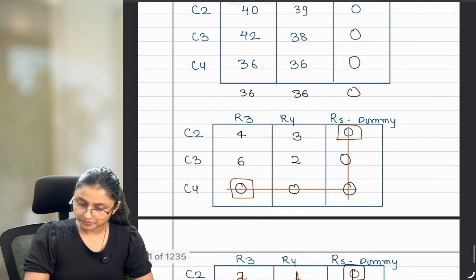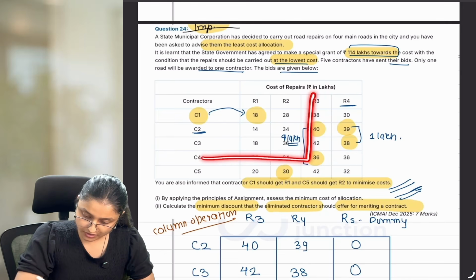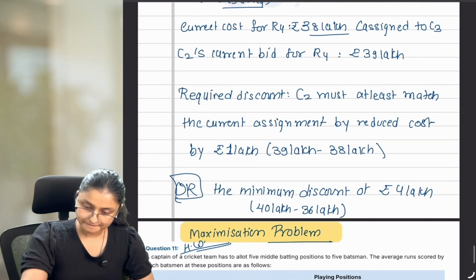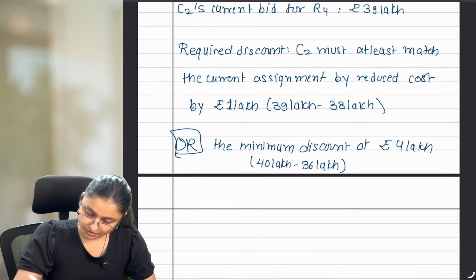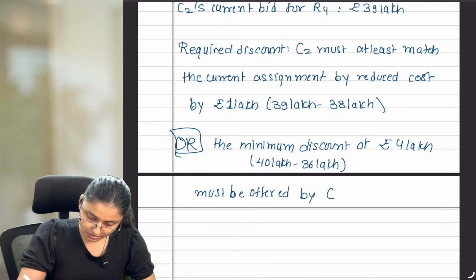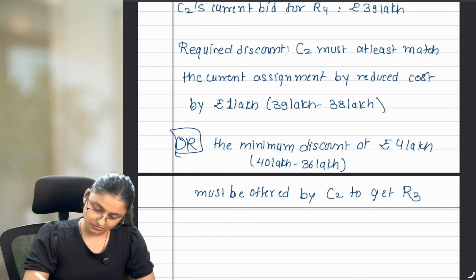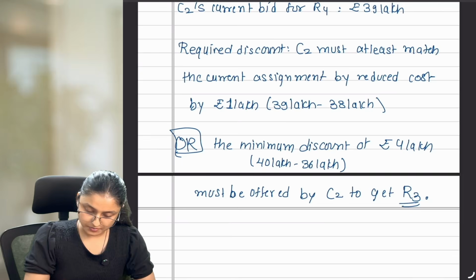So in this situation, I compared these two. Here, rather than giving the contract to C4, we can give it to C2 if the cost is 36 lakhs. The minimum discount of 4 lakh must be offered by C2 to get R3. Okay? This much is enough.